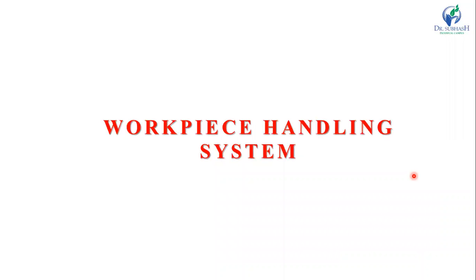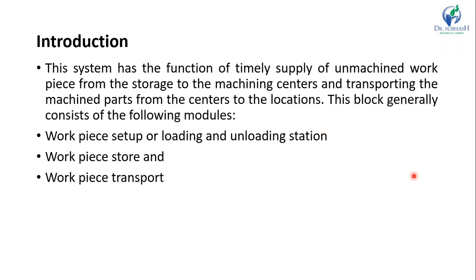The workpiece handling system. This workpiece handling system has the functions of timely supply of on-machine workpieces from the storage to the machining center and transporting the machined parts from the center to the locations.